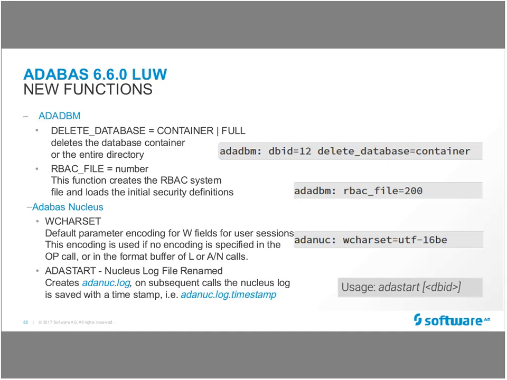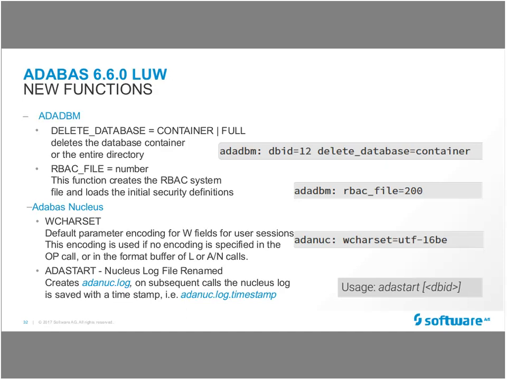Then the nucleus itself got a new parameter which deals with the default encoding system for W fields. Typically we say, okay, you have the open command. Here you can specify the encoding you want to get the data back, because it's always stored in UTF-8 in the database for performance reasons.